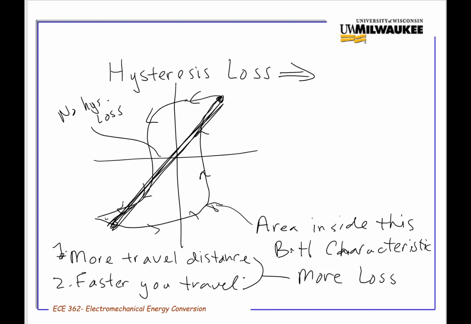Not the current, but all the current that you're pushing through is proportional to the H. Okay, so H is proportional to I. So it's not that, but it has something to do with the current. Any other ideas? What makes the current have to go faster around that curve that we're showing?